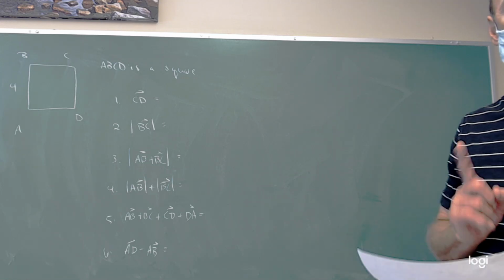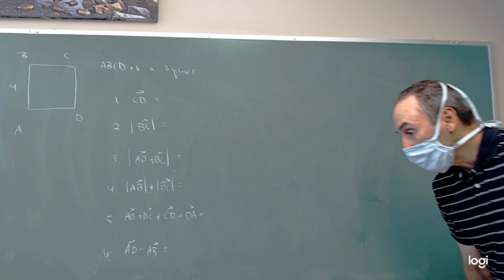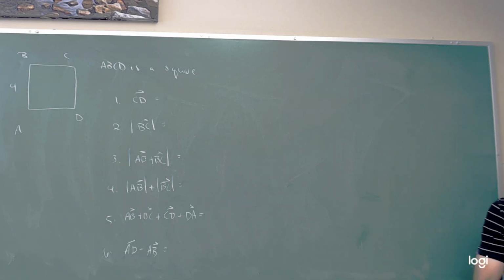And be careful. Remember, when you're asked what this vector is equal to, it's got to be equal to a vector. And when you're asked what is the magnitude of this vector, your answer should be a number, a scalar. So make sure we're thinking about that correctly.